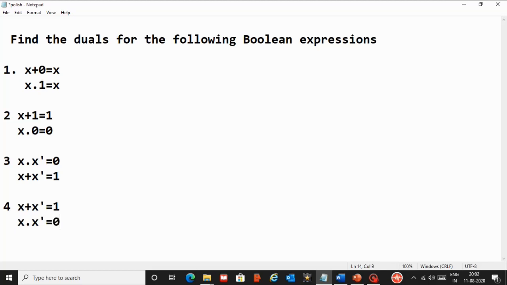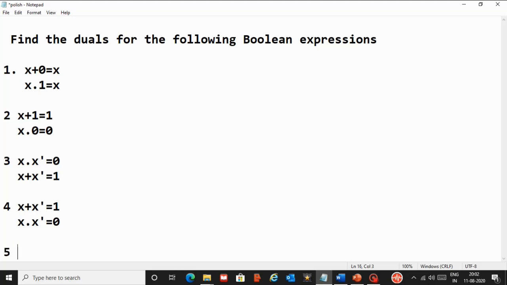Equal to 1 becomes 0. Yes, it is correct over here also, right? In the dual you need to change all or symbols to and, and to or, 1 to 0, 0 to 1. You're not doing anything to the variables present in the Boolean expression.